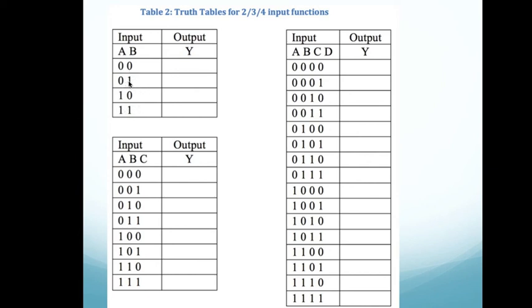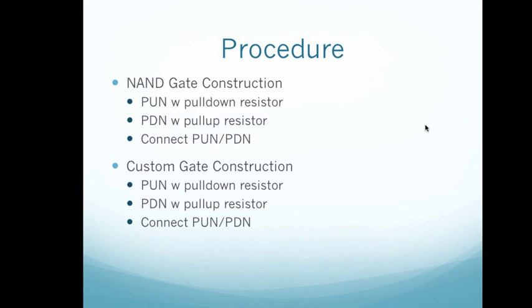So 0, 1 is binary for 1, 1, 0 is binary for 2, and then 1, 1 is binary for 3. So these are just truth tables in the correct order for 2, 3, and 4 input functions. So anytime you do a truth table, you want to do them in the same order, and that makes it easier to compare and to work with.